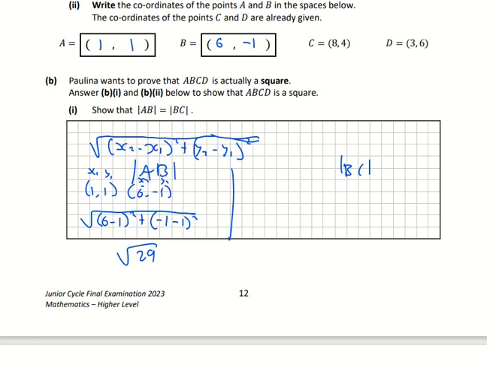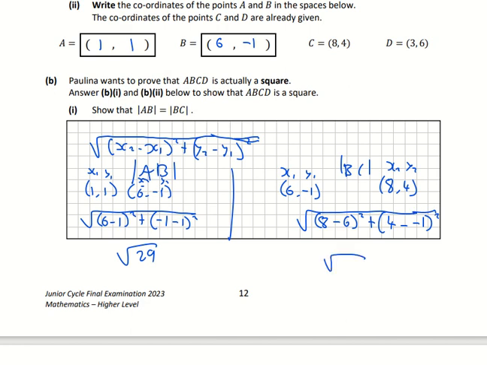The point B is 6, minus 1 and the point C is 8, 4. I'm going to label them x1, y1, x2, y2. Then put it into the formula above. x2 is 8 minus x1 is 6 squared plus 4 minus 1, so minus 1, so that will become a plus 1 in there squared, and you should get root 29 as well.